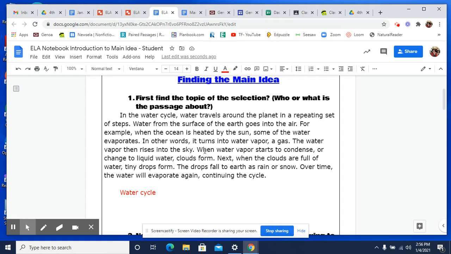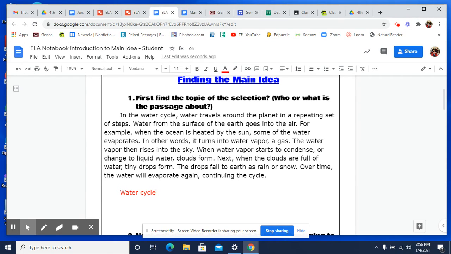So all of your details that you give have to support whatever main point you think the author is trying to make. Well, as I read it, I see that they say it travels around the planet in a repeating set of steps. And then it goes into giving me examples of it, right?